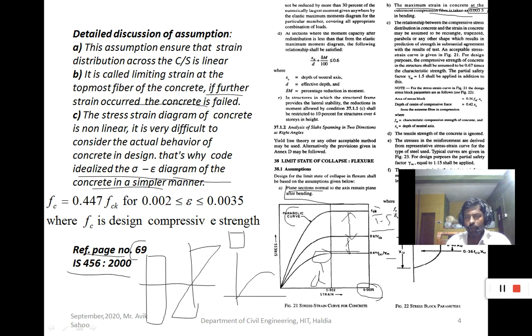So two factors of safety are used, and finally we get a design curve. These design curves are used to find out the strength of the concrete, and also the resistance, meaning the moment resistance, of the concrete.